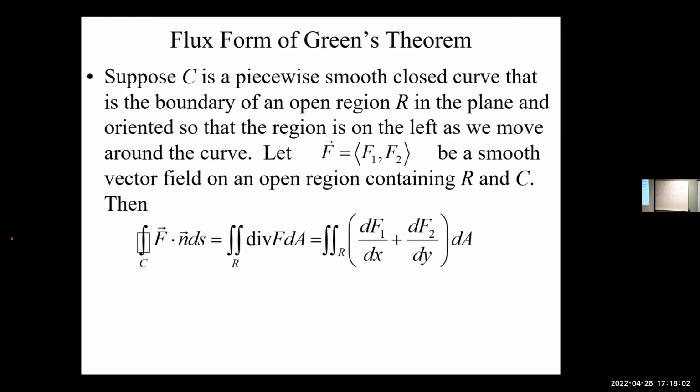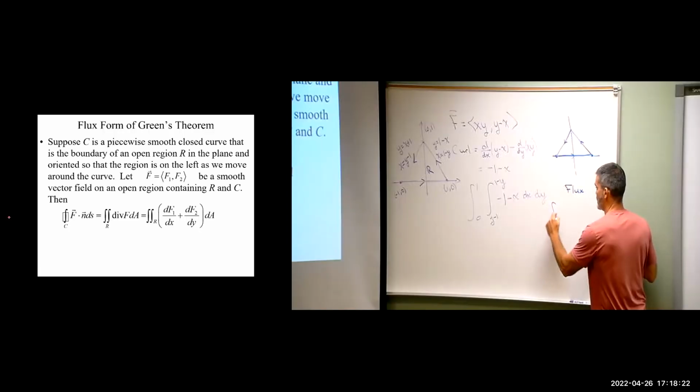And so we use the curl for Green's theorem when we want the line integral. We use the divergence for Green's theorem when we use the flux integral. Other than that, it's the same thing. So if we wanted to do the flux integral for our example right here, and I'll do it in blue, our limits would be exactly the same.